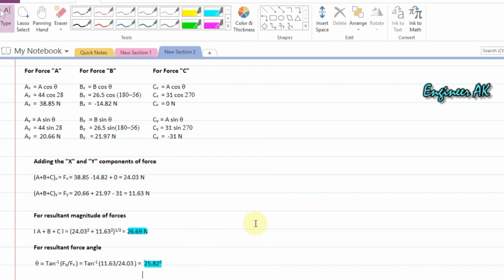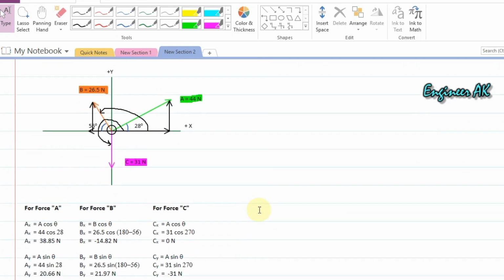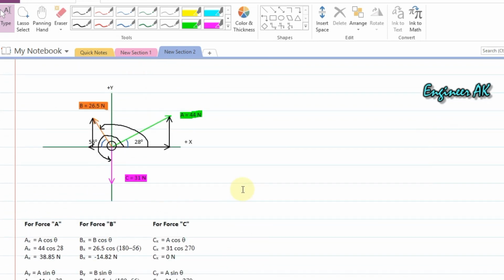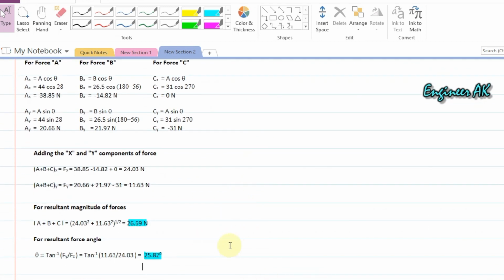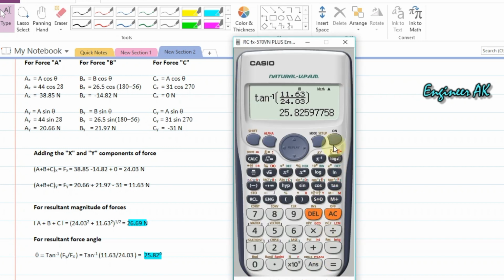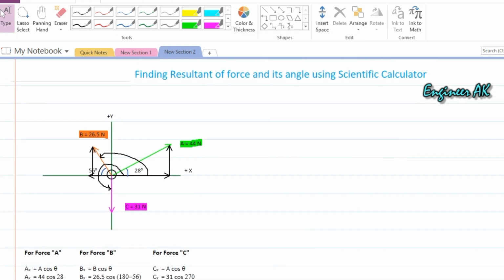Now we will find this resultant force magnitude and this angle through a scientific calculator. We did a long procedure, and now I will show you how we can directly find this within seconds.